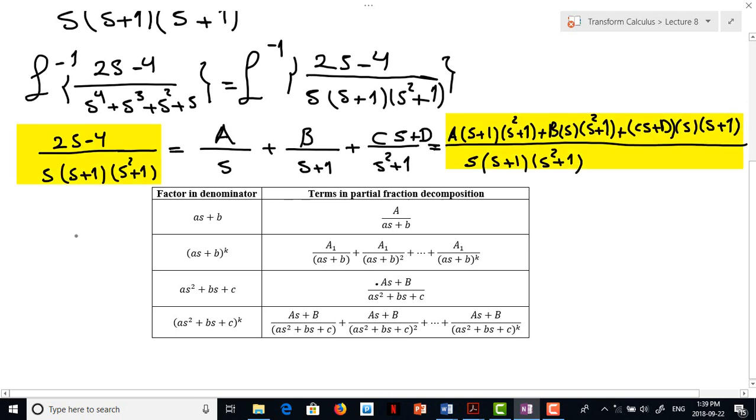In these two fractions, the denominator is the same.